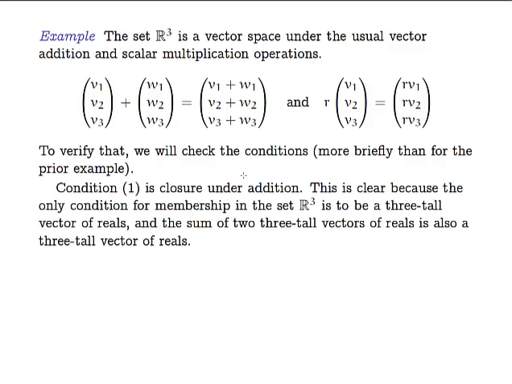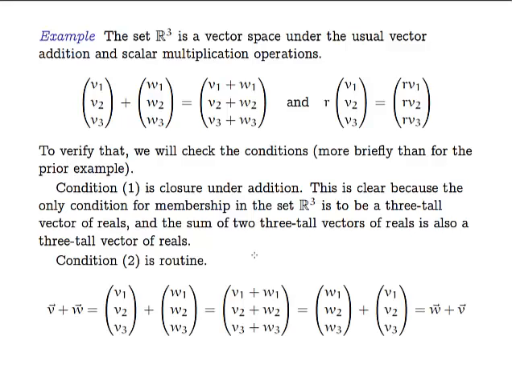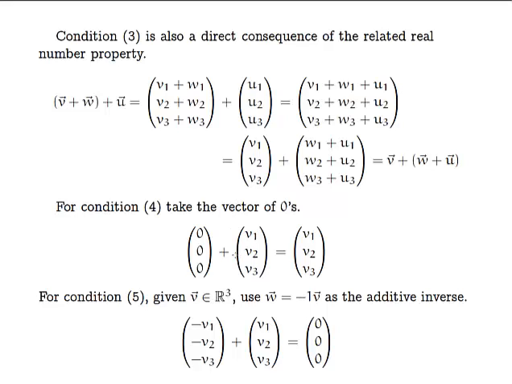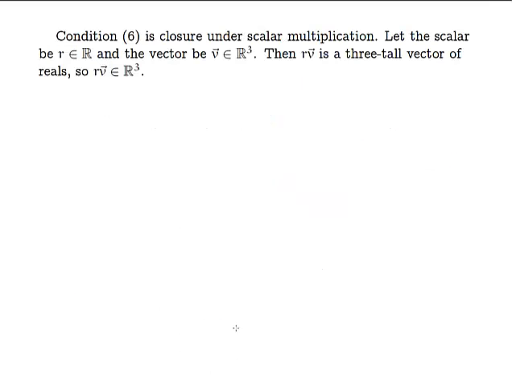So we have closure, and commutative, and associative, and zero vector, and additive inverse, and closure under multiplication.